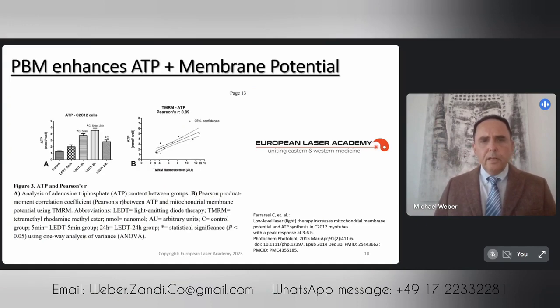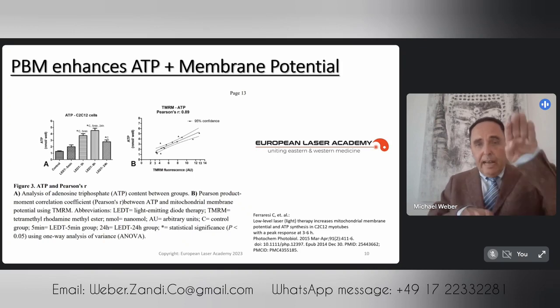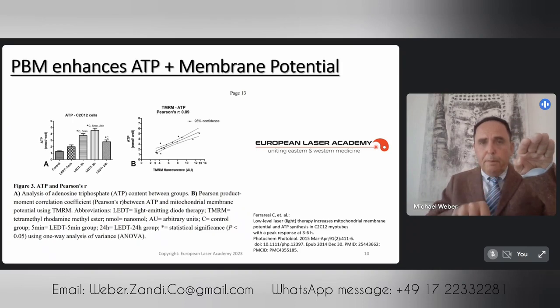We see the membrane potential is enhanced as well. So the in-pump of electrons and out-pump of H+ is much faster than in the resting state.